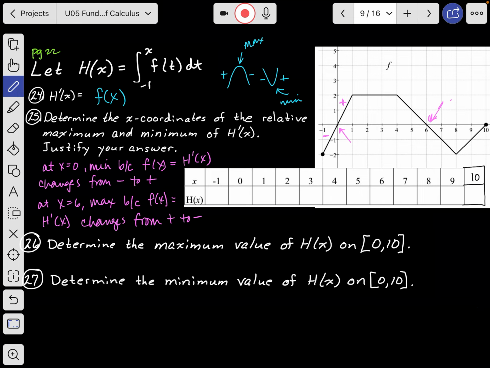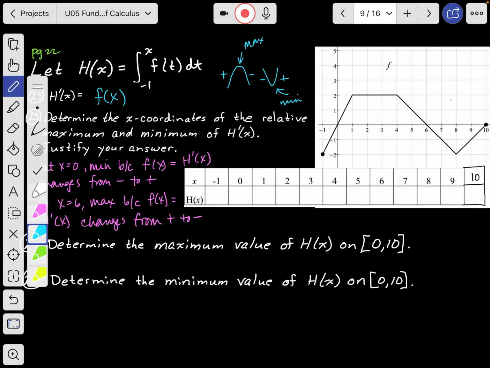In the next question, it's asking us to define what those values are. Find that maximum value and find that minimum value. So let's fill in our chart to get these answers. So let me clear this up. And so in this first problem, it says we're looking from an x value of -1. Well, this is just the integral. Let's just evaluate these integrals.